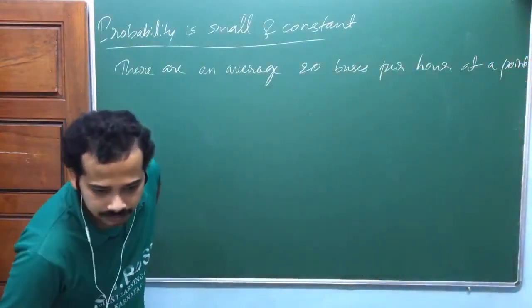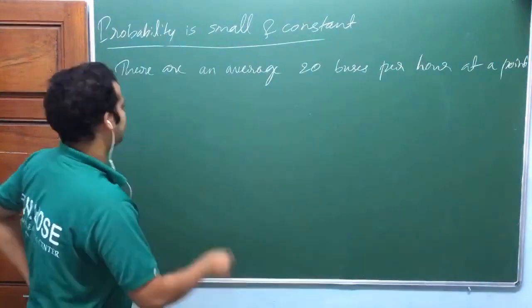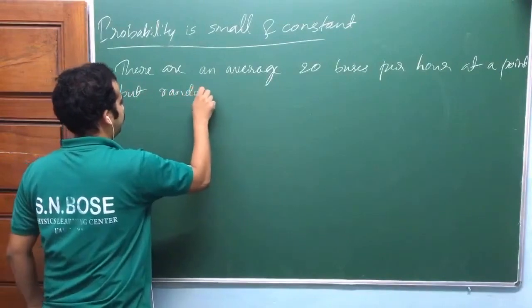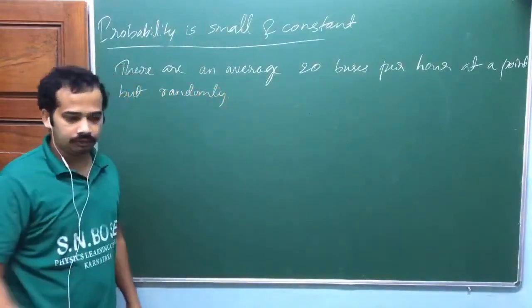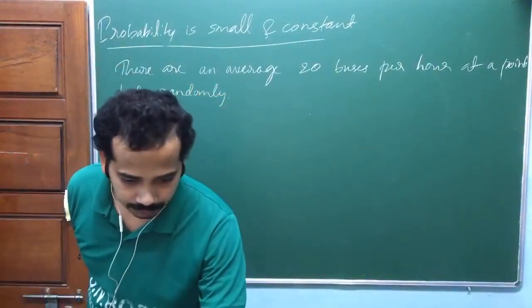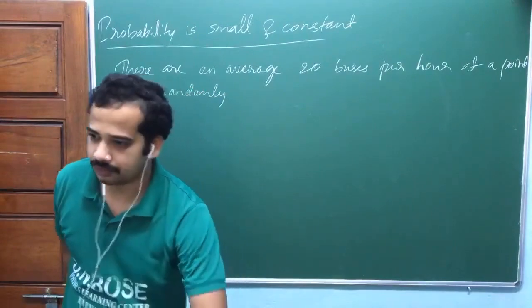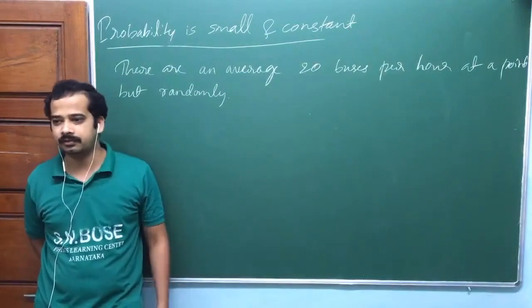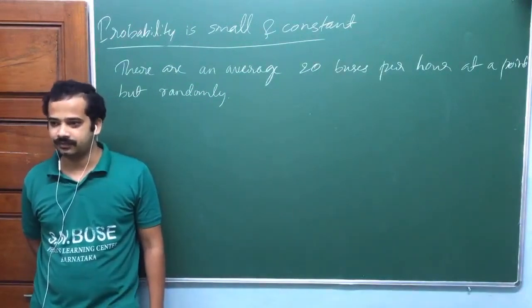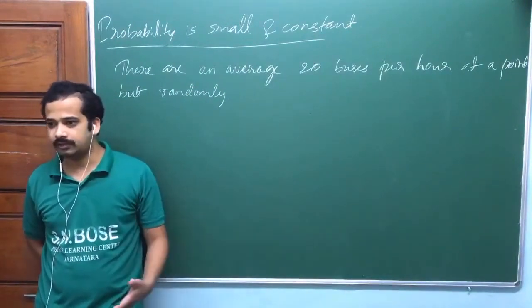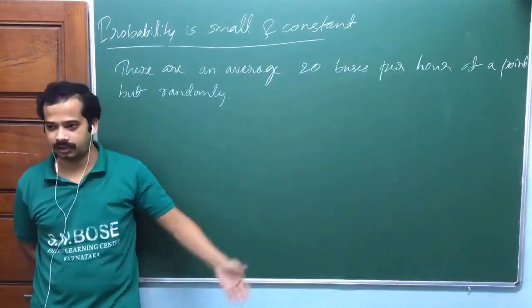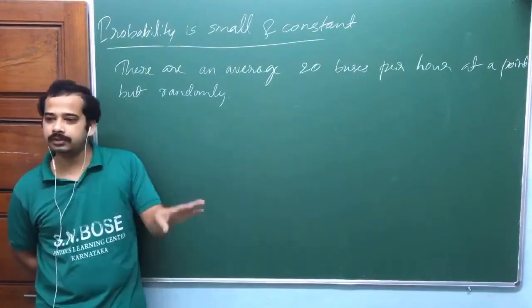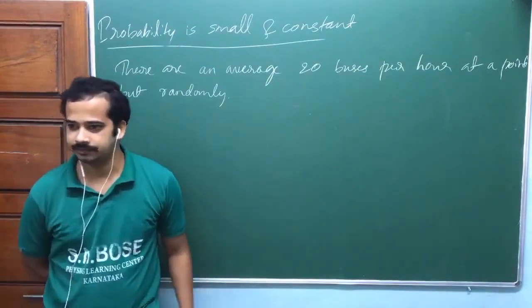Okay, at a point, but at random time, very randomly. Sometimes all 20 buses may come in the first 5 minutes, or sometimes all 10 buses come in the last half an hour. Am I right? In 1 hour, 20 buses will come very randomly.